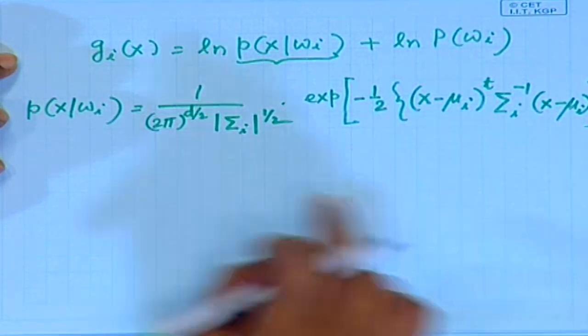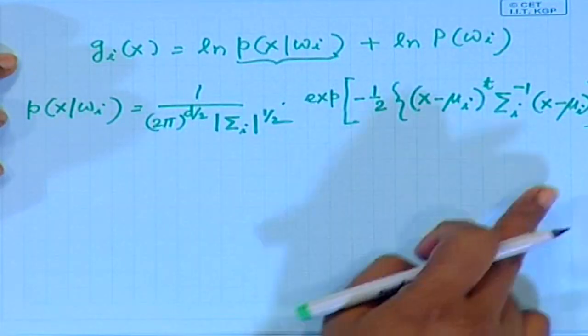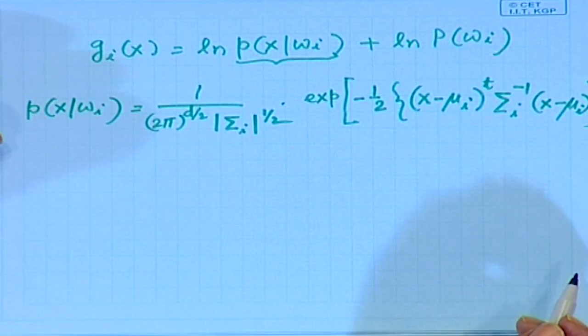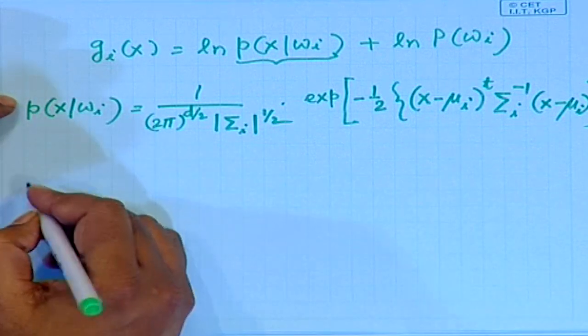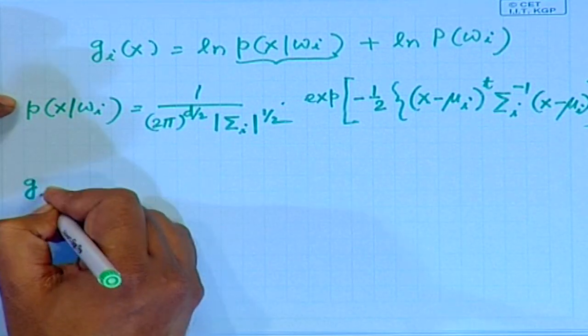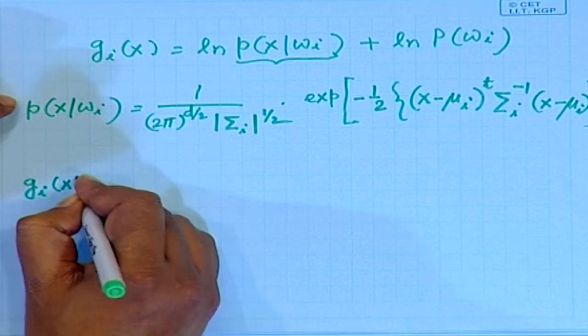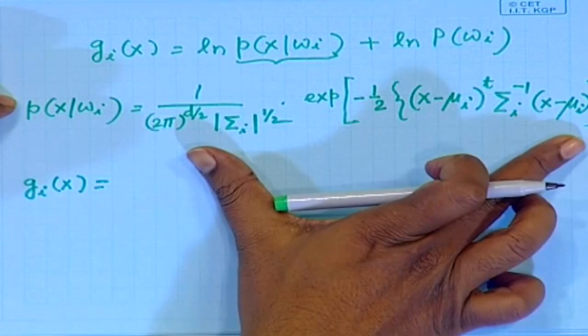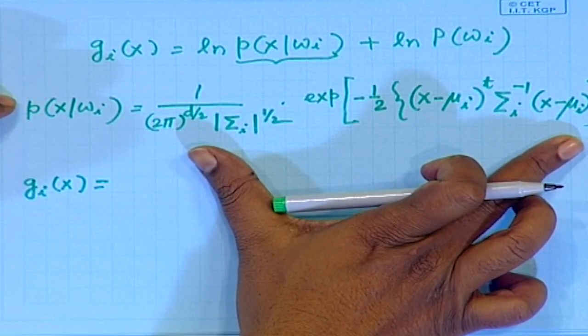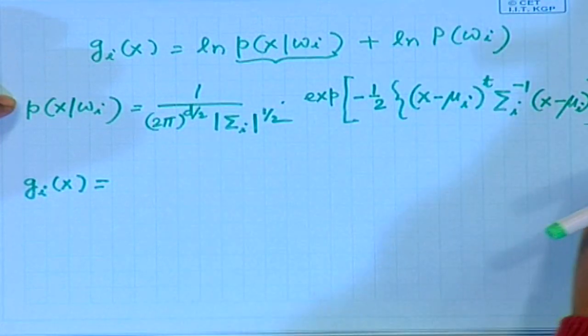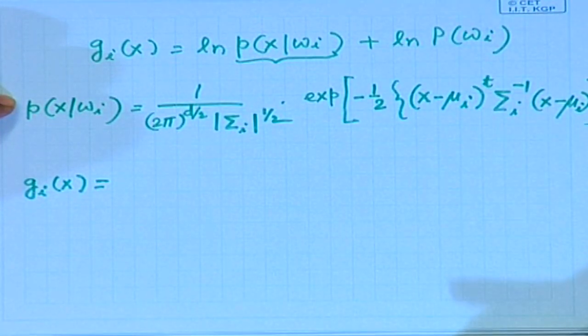By using this multivariate probability density function, now I can define g_i(x) to be the logarithm of this term, plus the logarithm of p of omega i, that is the a priori probability.